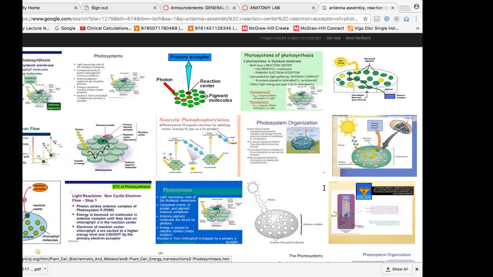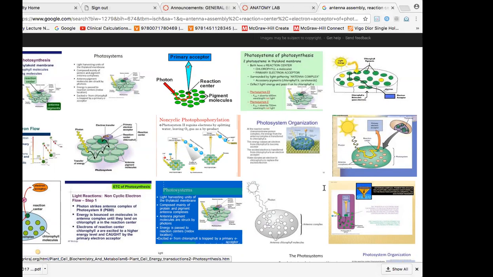Now, photosystem 1 is where the electrons will be arriving from photosystem 2. And there are different flows here: the non-cyclic flow and the cyclic flow. In both pathways, you're going to produce energy. In the non-cyclic flow, the electrons are not reused, but they're taken up by a final receptor to form NADPH.